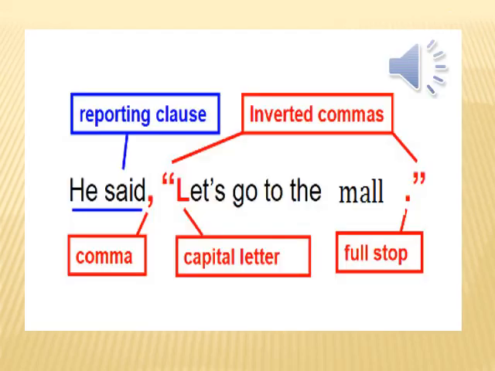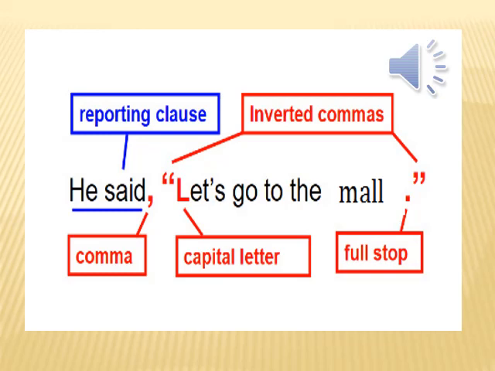Okay, now let's look at the different parts of a direct sentence. The direct sentence is divided into two parts, the reporting clause and the main speech. The reporting clause, as you can see here in the example, is he said. It could be he said or she said, depending upon the character.